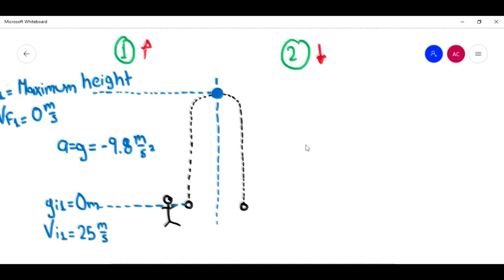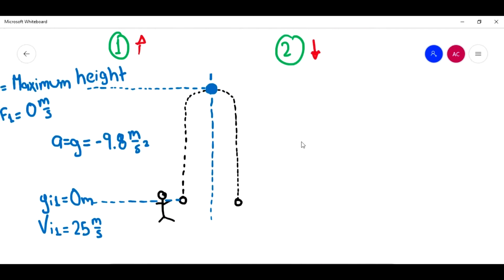Also, we have segment number 2, and I'm going to write the data again, but for segment number 2. In segment number 2, the motion starts here at the maximum point. So that would be the initial position of segment number 2, and that is the maximum height.